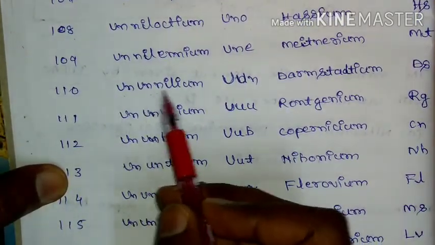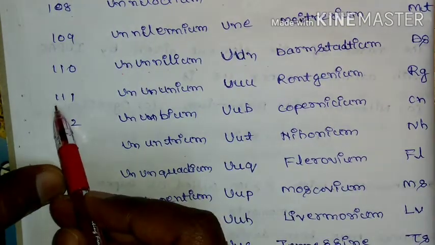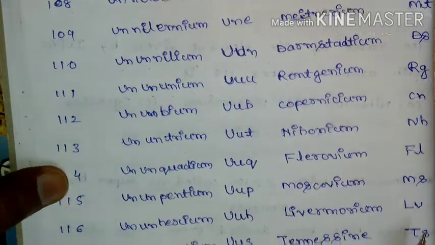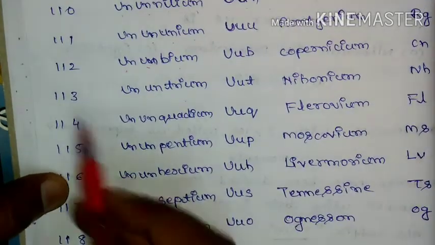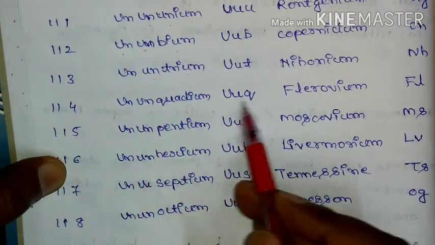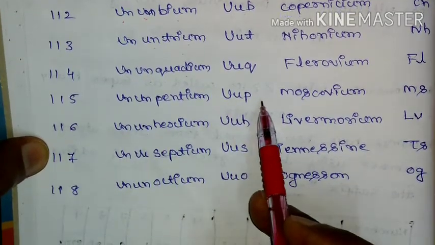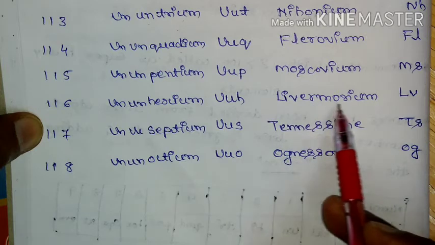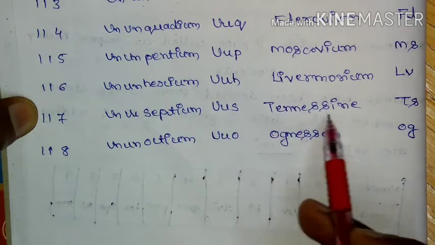110 element un, un, nilium, Uun, Darmstadtium, Ds. 111 un, un, unium, Uuu, Roentgenium, Rg. 112 un, un, bium, Uub, Copernicium, Cn. 113 un, un, trium, Uut, Nihonium, Nh. 114 un, un, quadium, Uuq, Flerovium, Fl. 115 un, un, pentium, Uup, Moscovium, Mc. 116 un, un, hexium, Uuh, Livermorium, Lv. 117 un, un, septium, Uus, Tennessine, Ts.